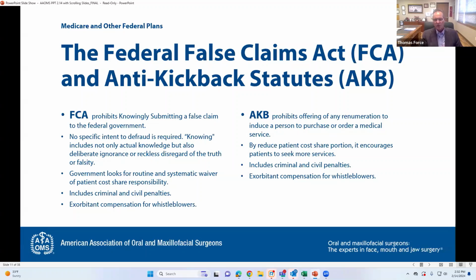So the Federal False Claims Act prohibits knowingly submitting a false claim to the federal government. Again, the government feels if you're submitting a claim and you're not billing the 20% coinsurance for Medicare, that's a false claim, and the False Claims Act applies, and you'll be sued under it.